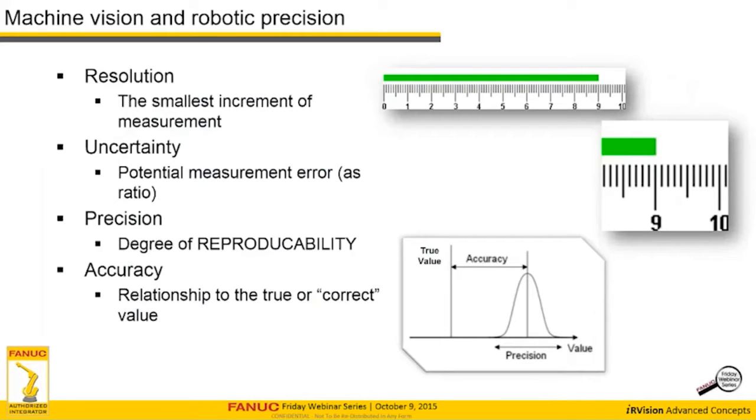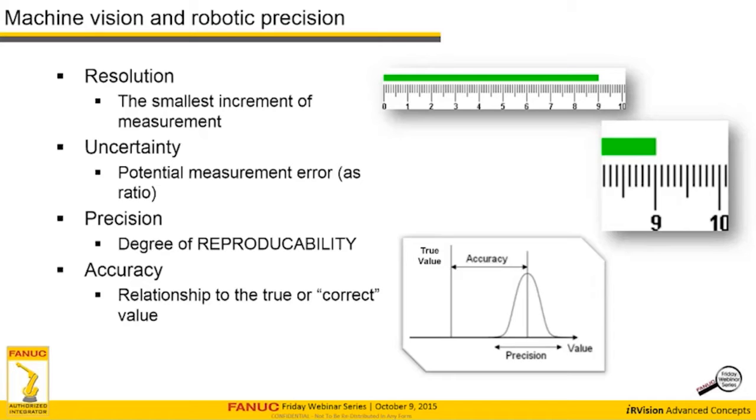We don't see this a lot, but it's the ratio of precision to the tolerance band that's being reproduced. Precision, as I said earlier, is the degree of reproducibility. Not necessarily the actual point that we're guiding the robot to or the point at which the machine vision system can find an object in space, but how reliable or reproducible our function is.